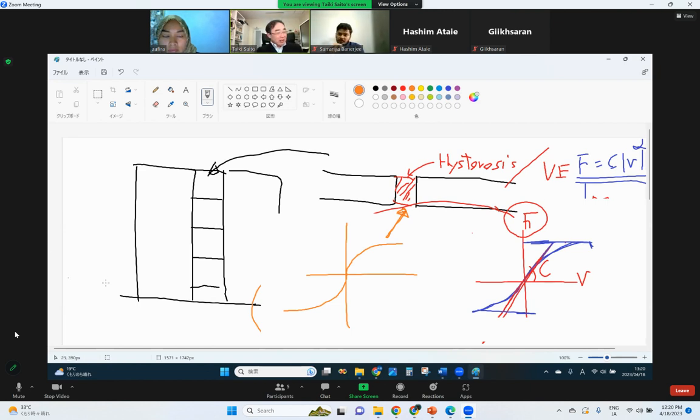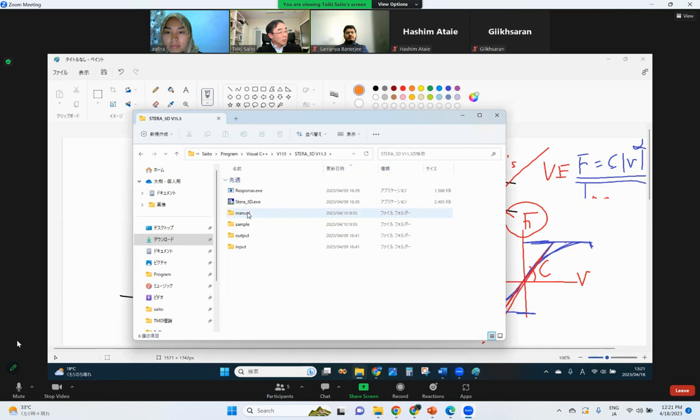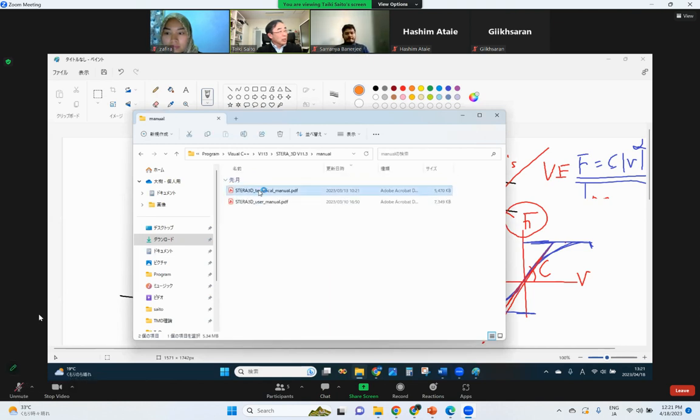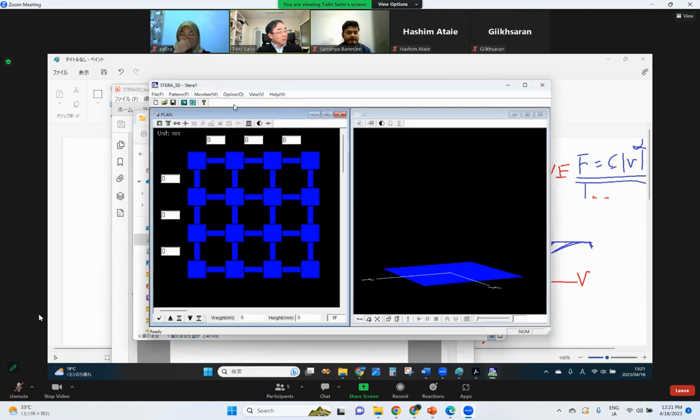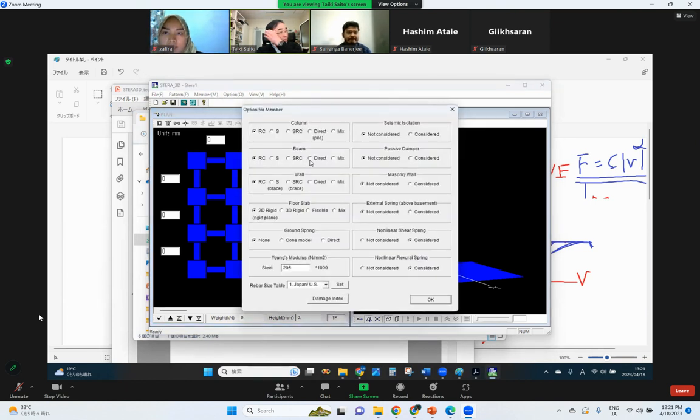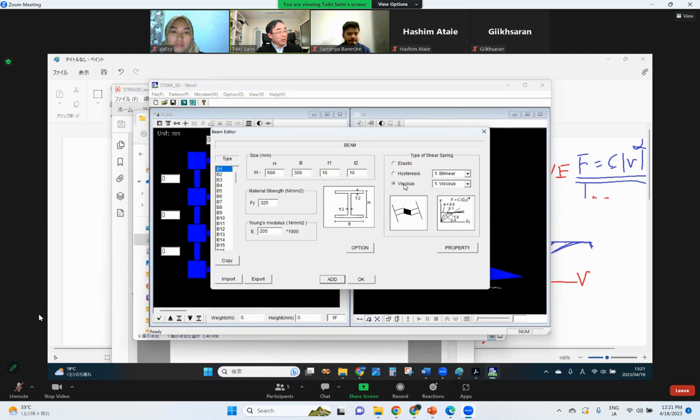If you select the beam, you can get a viscous damper.